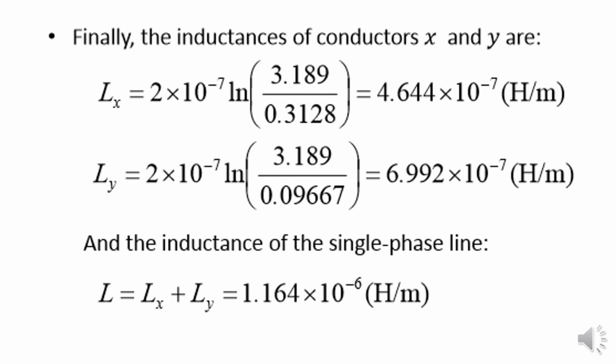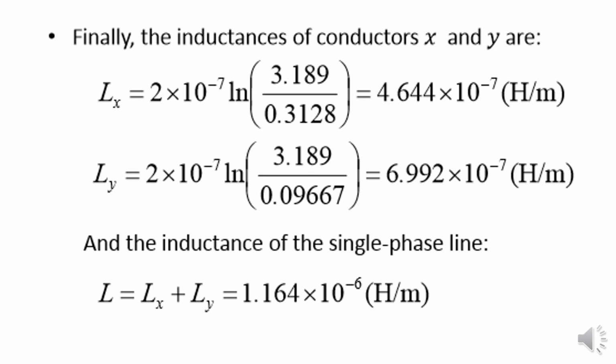But in this section we'll consider them as L, because everything will be in per meter. When we add these two, 4.644 into 10 to the power minus 7 and 6.992 into 10 to the power minus 7, we are getting 1.164 microhenries per meter, as you can see here.